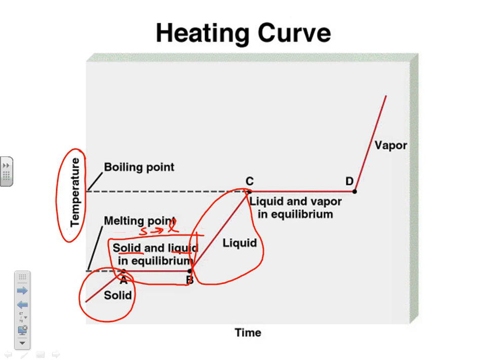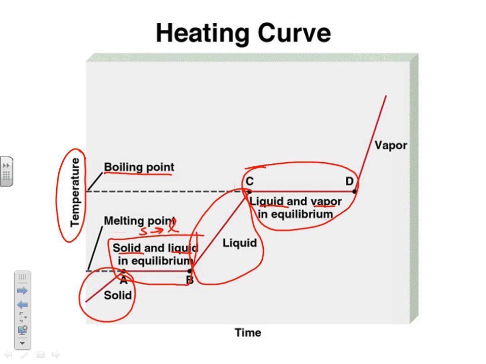Then after it melts, we see the temperature increase again. This is where it's just a liquid, but temp is going up. So all the heat that's being added is simply increasing the average kinetic energy of the liquid. Once we get to the boiling point temperature, then we have our phase change. So the liquid and the vapor are now present in equilibrium. That means that you have both of them there. But again, the temperature is not changing, and whatever temperature that happens at, that is the boiling point.